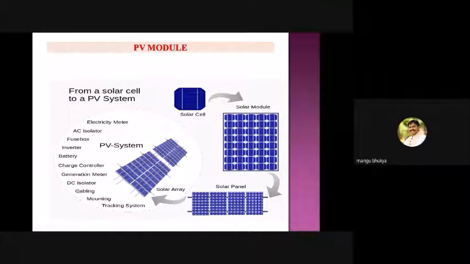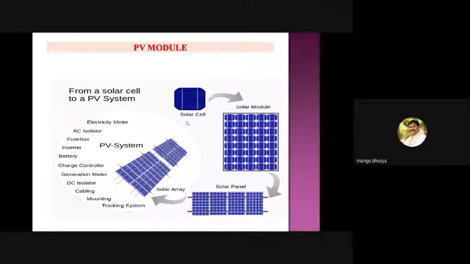The PV cell is the basic building block for the photovoltaic source. This is a solar cell, and it gives a very low voltage, about 0.6 volts, and current in terms of milliamperes.